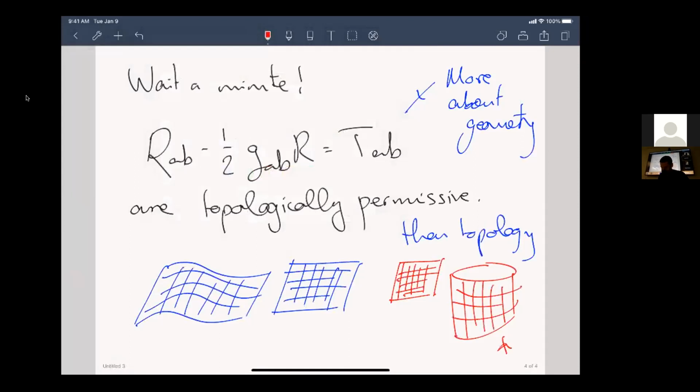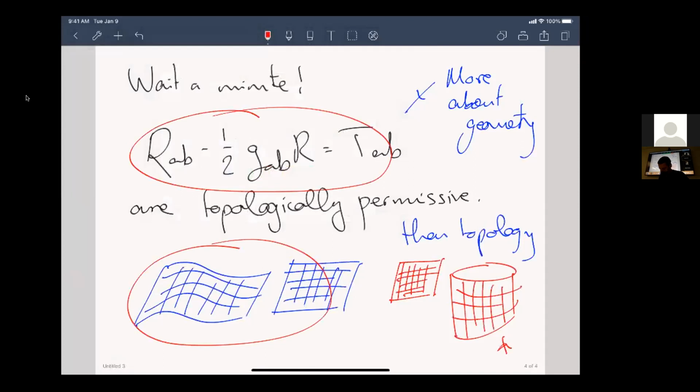So my point is that general relativity is about these equations, and these equations distinguish these things, but they wouldn't distinguish these two things because these two things are geometrically identical. So the point being that topology can be as wild and as exotic as you like. Well, in fact, the whole point of the talk is that it's not, but anyway, that's to come.